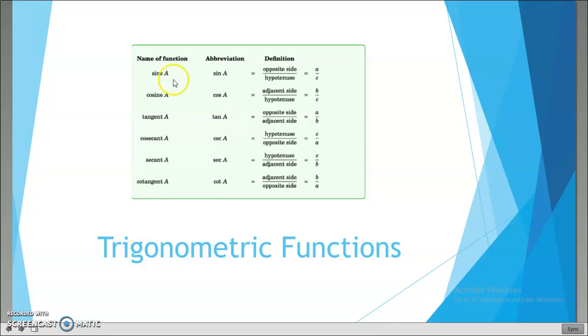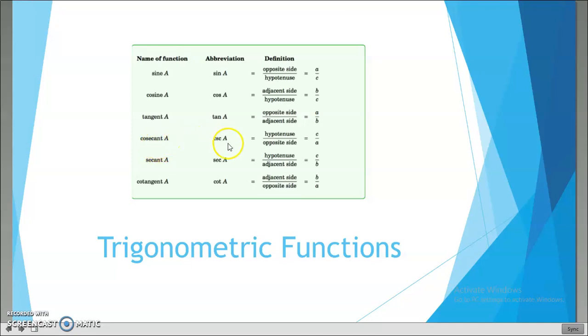All right, so here are the definitions. We have sine of A, and sine is the opposite over the hypotenuse. Cosine is the adjacent over the hypotenuse. Tangent, the abbreviation is tan, and it is the opposite over adjacent.